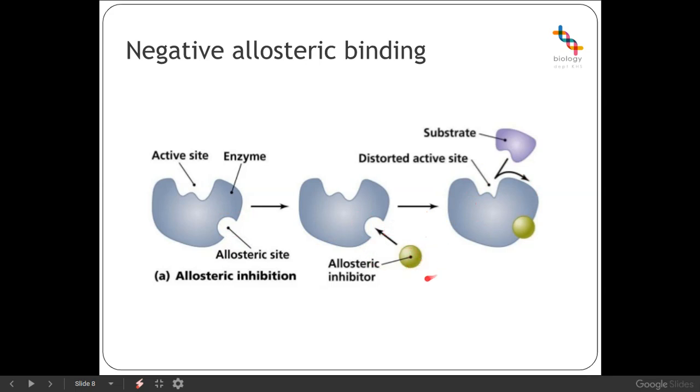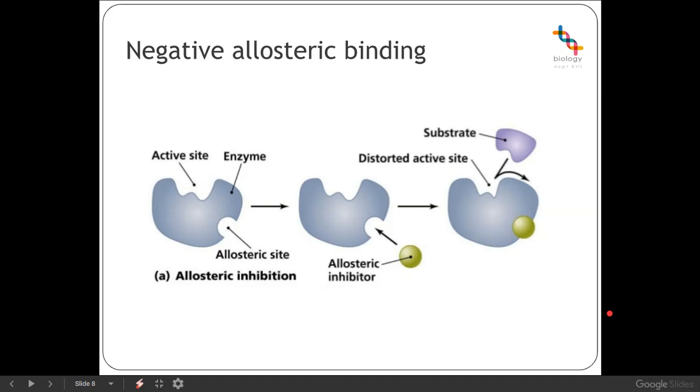So it may be able to create some kind of inhibition so that the enzyme stops being active and stops producing more product. As the cell runs out of product, it would be released from the allosteric site, and allow the active site to return to its original shape and continue to bind the substrate for the reaction to occur.